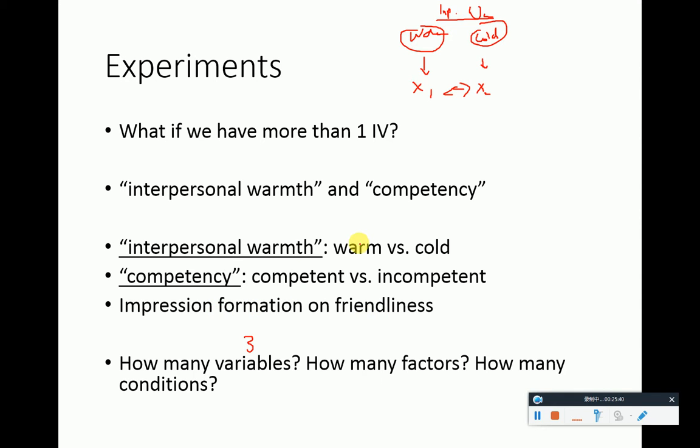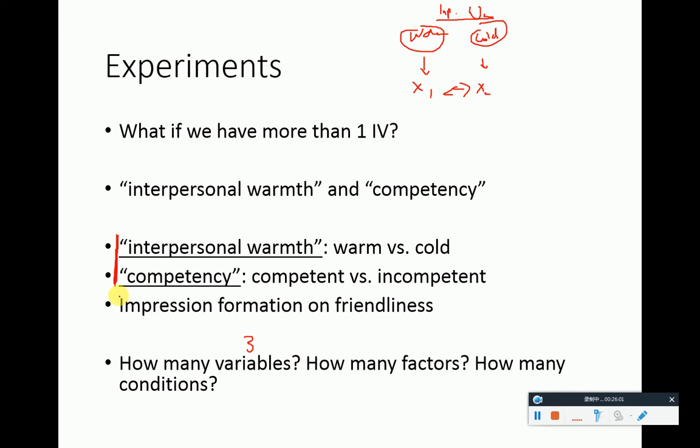We have a second variable, because we also thought a person's competency would cause our impression formation on that person's friendliness. So we have two independent variables here, two factors. But where's the third variable?